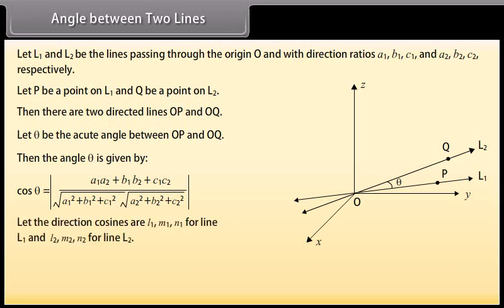Let the direction cosines be l1, m1, n1 for the line L1 and l2, m2, n2 for the line L2. Then cos theta equals the modulus of (l1 l2 plus m1 m2 plus n1 n2).